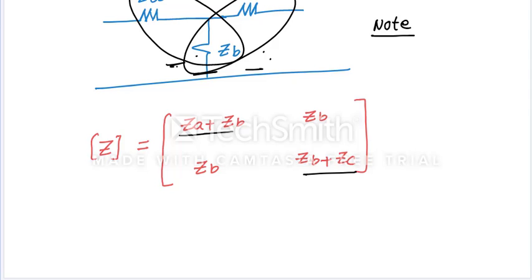Sometimes, to confuse you, they will give this in terms of mhos, 1 by ohm.